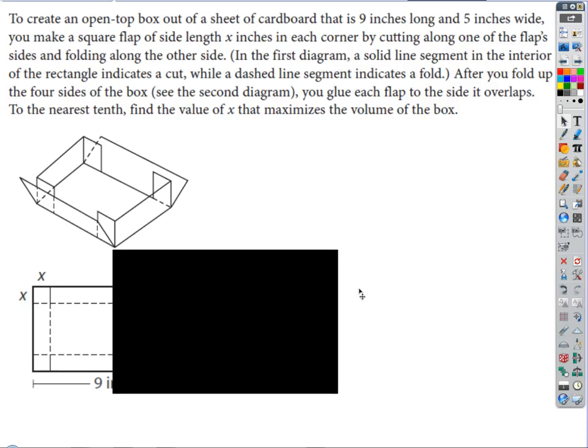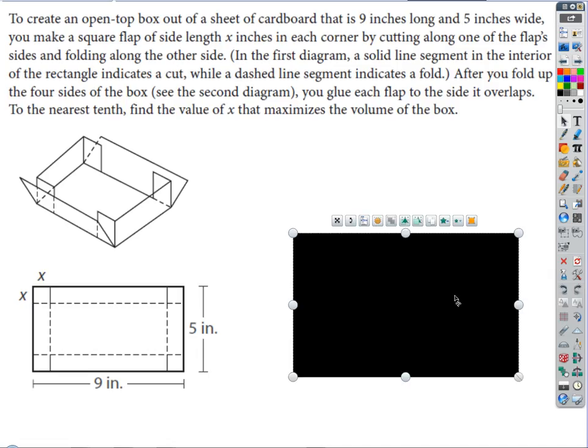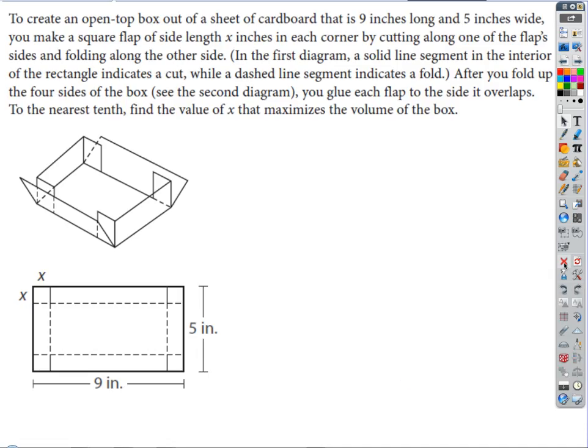Right? So this is a useful picture, right? Rather than create flaps, let's just say that we're going to cut the corner pieces out and tape around the corners to make it a little easier to conceptualize, right? So then what are the dimensions of this open box, once I've cut it and folded it up, in terms of x?